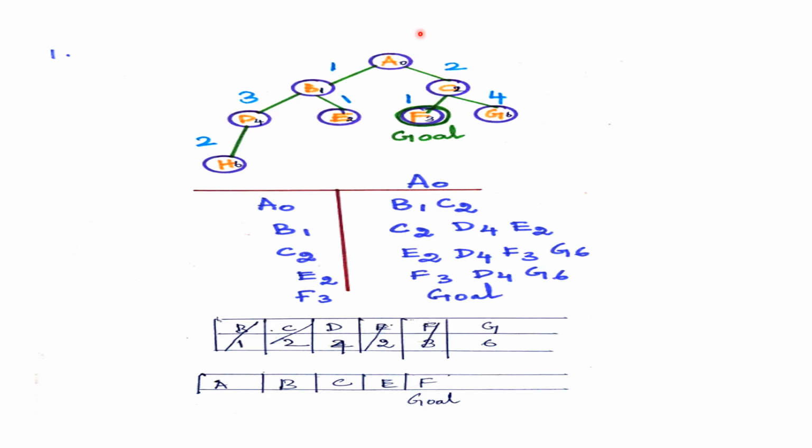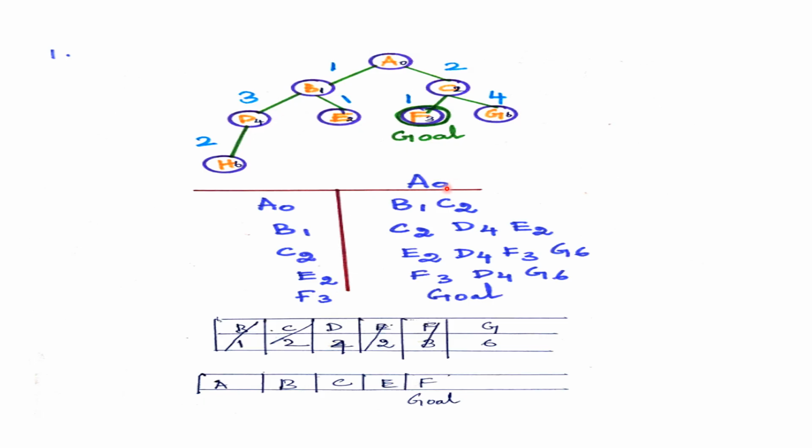First, initially the path cost for the root node should always be 0. In the initial state, the cost for the initial node or root node will be 0. So that is the value I am considering here, A0. This suffix value indicates the path cost.